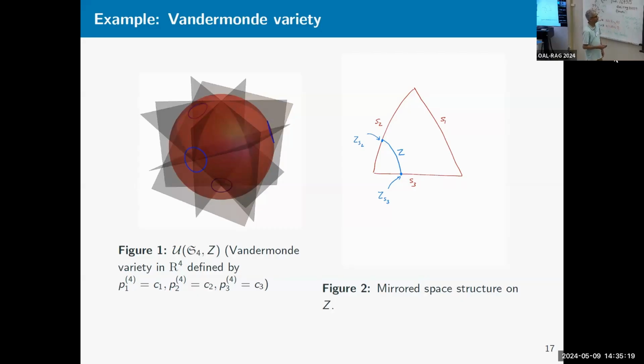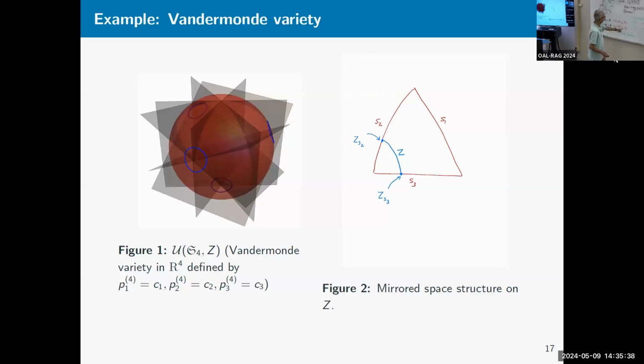And in S4, there are 24 Weyl chambers, 4 factorial. So these planes here, x1 equals x2, and so on, are drawn here. They tessellate the 2-dimensional sphere into 24 regions.